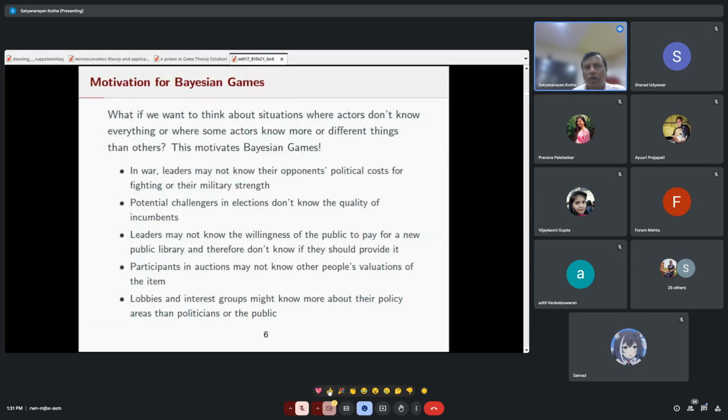So sometimes public policies are also something like that. If a public policy is being executed or introduced, many times the executors may not know how the beneficiaries will react to that. Like one example, I may just brief you. When the DBT was launched in the tribal hostels, do you know what DBT is?